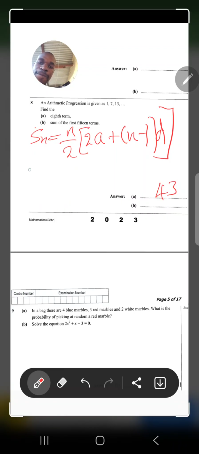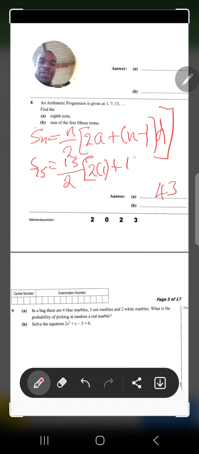And the sum of the first 15 terms is going to be 15 over 2 open square brackets 2 times 1, that is the first term a, plus 15 minus 1 multiplied by d, which is the common difference 6, close the brackets there.